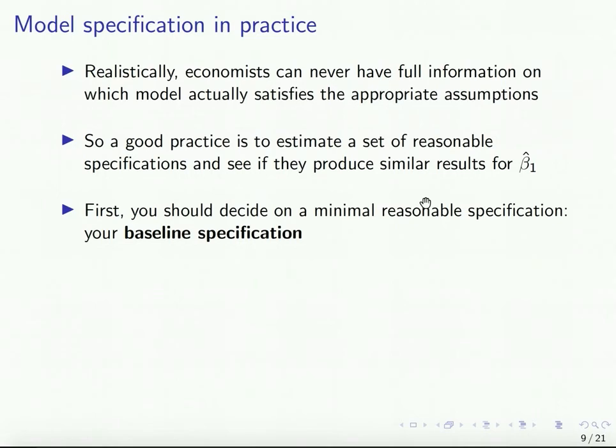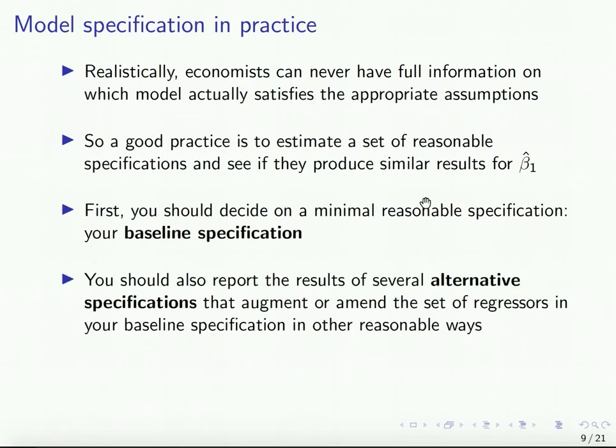You're going to show us this baseline specification. Then you're going to show us different sets of the same regression, adding or amending the control variables in your data. Again, think about schooling and its effect on wage.